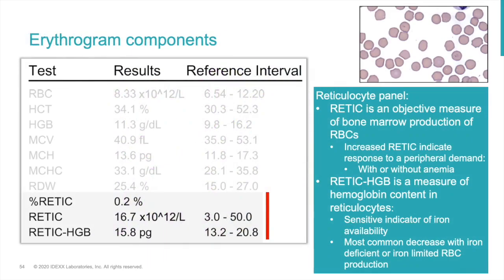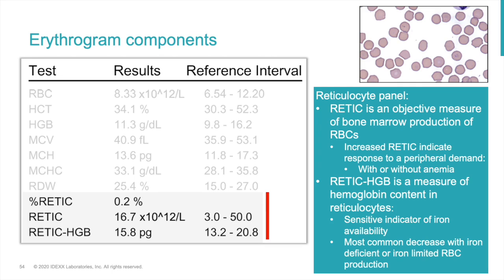I need to complete the discussion about the reticulocyte panel, and that's the reticulocyte hemoglobin, but I'm not going to spend any time here because we're still learning a lot about the reticulocyte hemoglobin in the cat specifically. I'd refer you back to the resource tab you see on your screen to see what might be available for us from the IDEXX website.